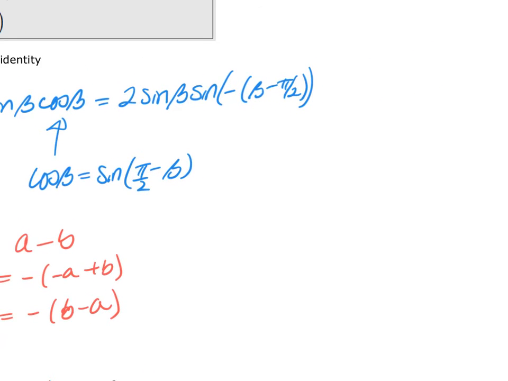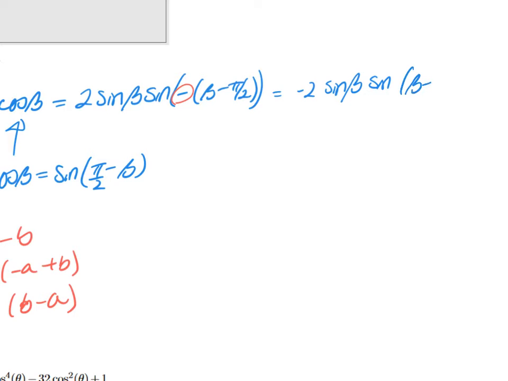And so that negative will factor out in front of the sine, which I'm going to put in front of the 2. And so my final answer is negative 2, the sine of beta, the sine of beta minus pi over 2. And I have the right-hand side. How was that? It was magical. All right, any questions on this?